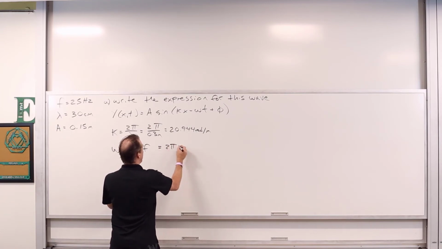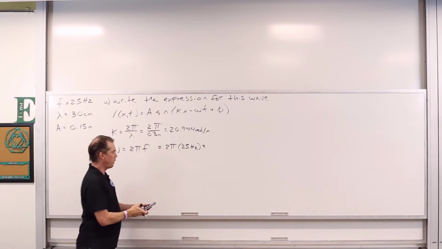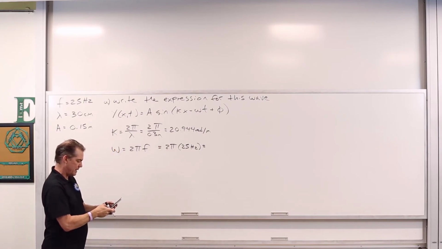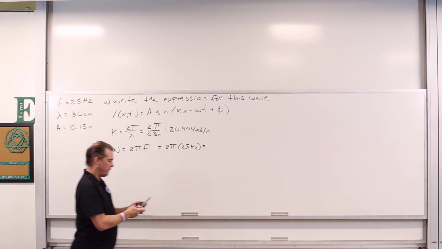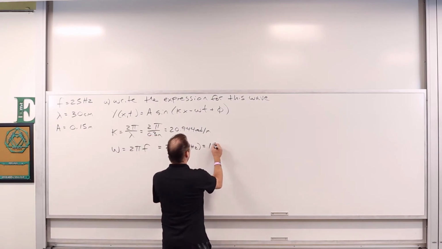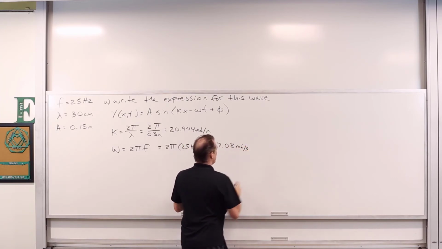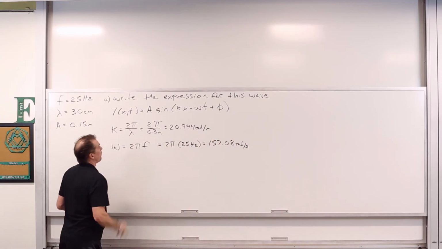We've got 2 pi times 25 hertz, which will give us radians per second. So we've got 50 pi, which is about 157.08 radians per second.